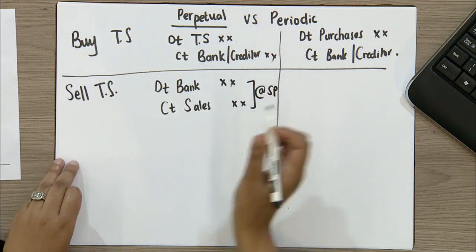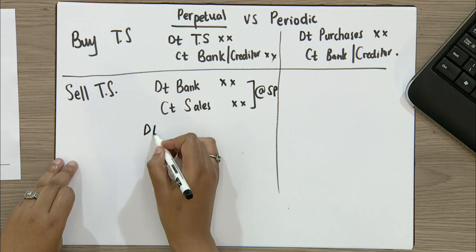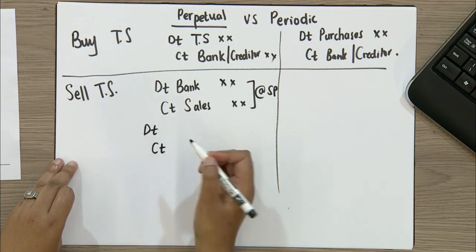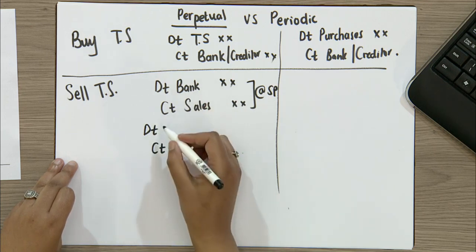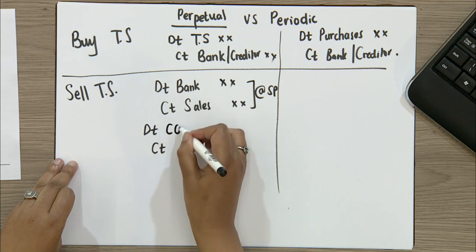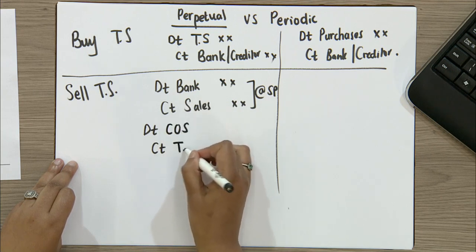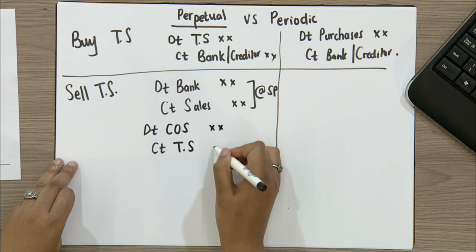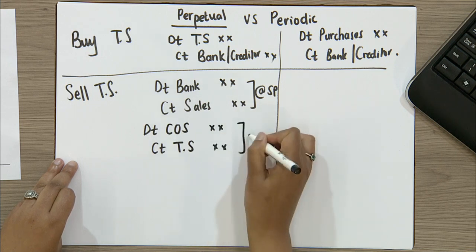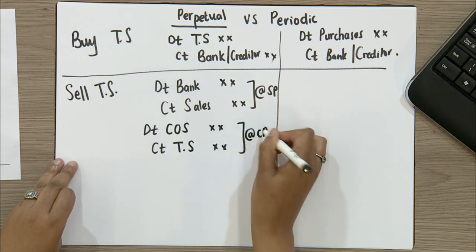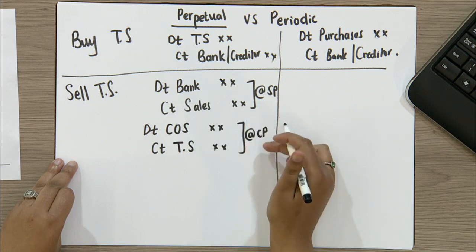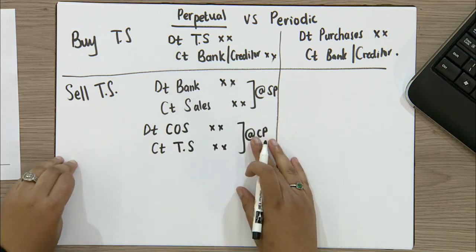We also record the movement of trading stock in the perpetual: debit cost of sales and credit trading stock at an amount. This amount is always going to be your cost price amount, which can be calculated with the formulas that you should know by now.